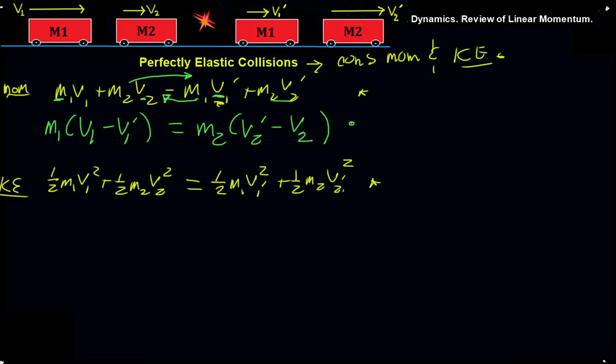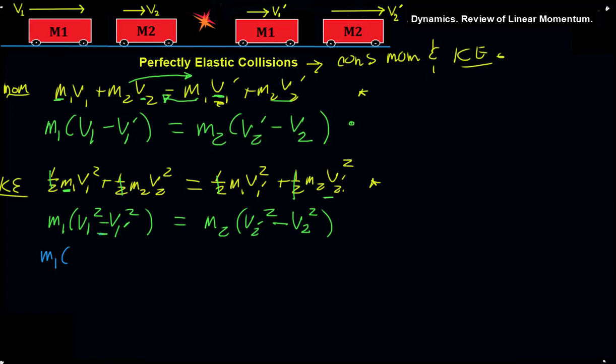And let's do the same thing to the energy equation. If I multiply through by 2 and collect all the m1 information on the left, we'll get m1 (v1 squared minus v1 prime squared) will equal m2 on this side times (v2 prime squared minus v2 squared). And here you'll see that that's the difference of two squares.